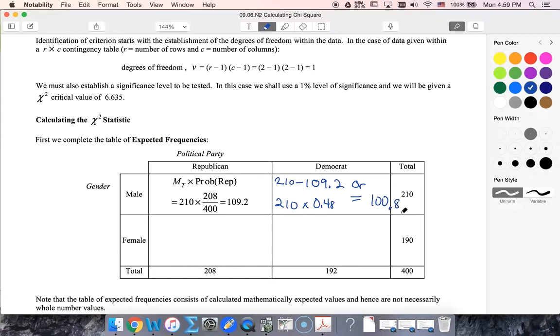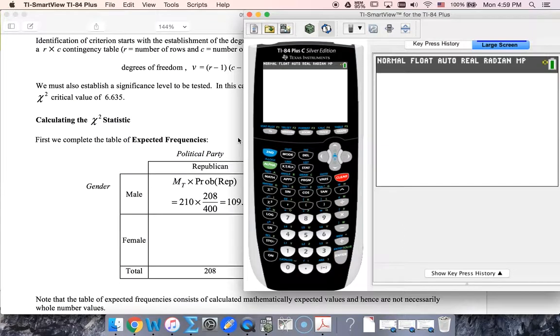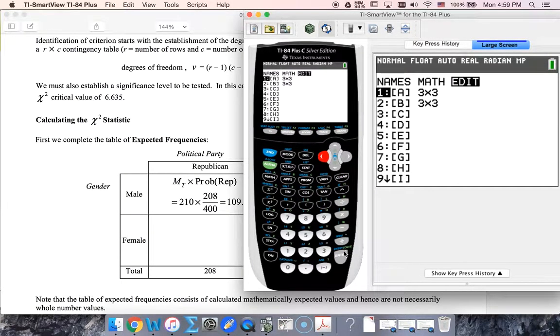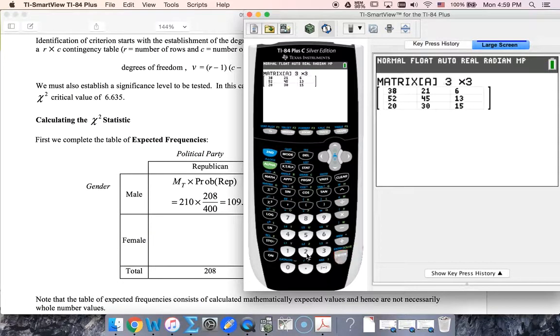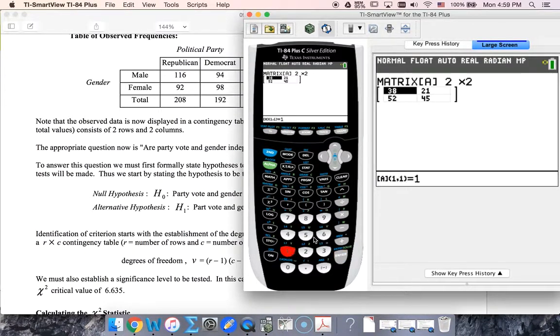The other way to find this is by actually calculating our chi-squared value. The way that we do that is with our calculator. If I go into my matrix and set up my matrix, this one's a 2 by 2. I had my values of 116 and 94 and 92 and 98.